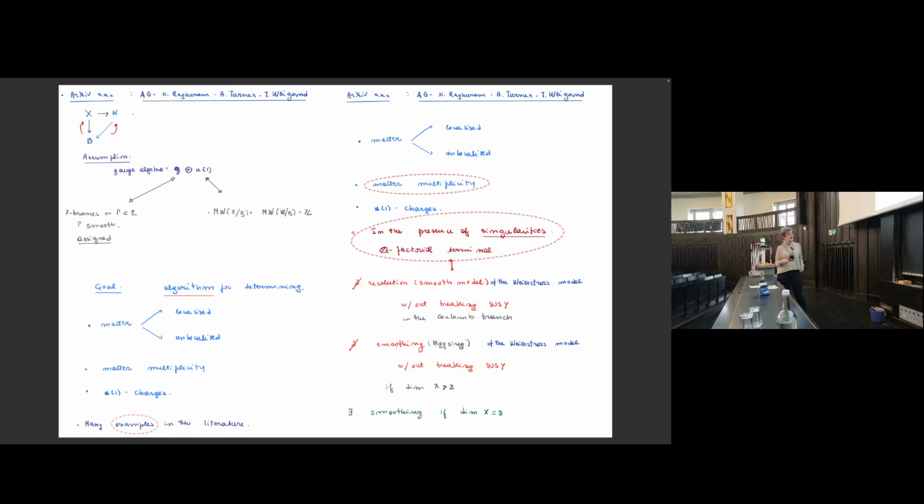I want to remark that there are many examples in the literature, but being examples, they are ad hoc, where we're going after this keyword here, which is an algorithm.